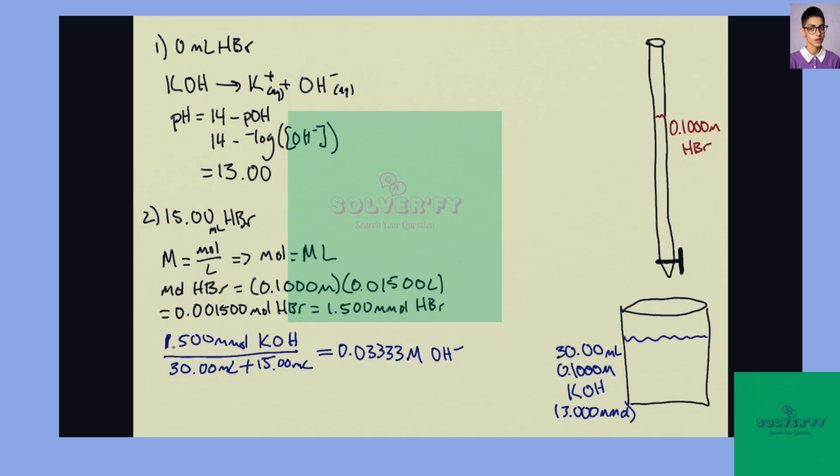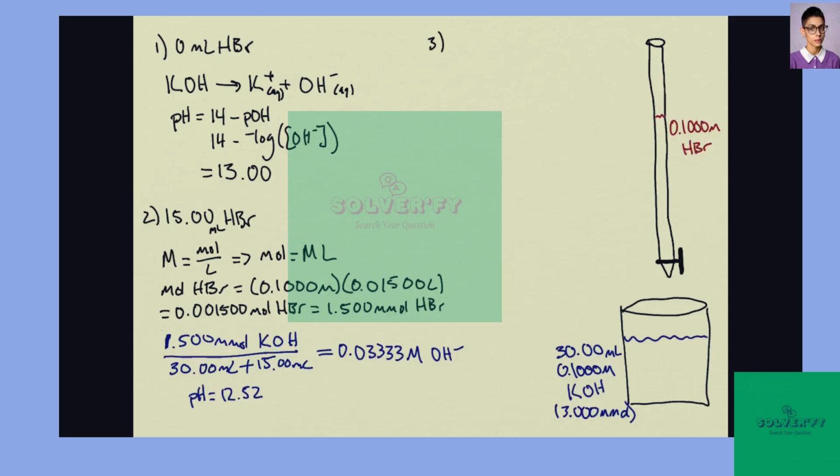So now we can find the pH the same way we did in the first part of this problem, and we get a pH of 12.52. And you can see here that the pH is decreasing as we add more of the acid, which makes sense since the higher the acidity, the lower the pH.